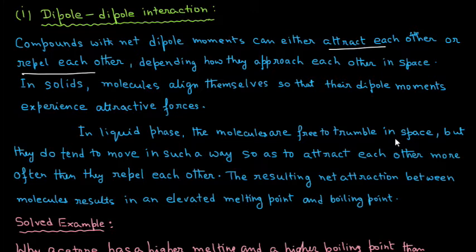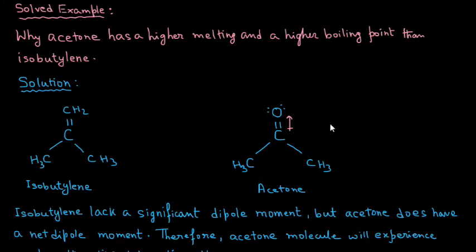So these are the characteristics of a liquid in terms of dipole moments. Let us see a solved example. Why does acetone have a higher melting point and higher boiling point than isobutane? For now, just remember that isobutane and acetone are organic compounds.